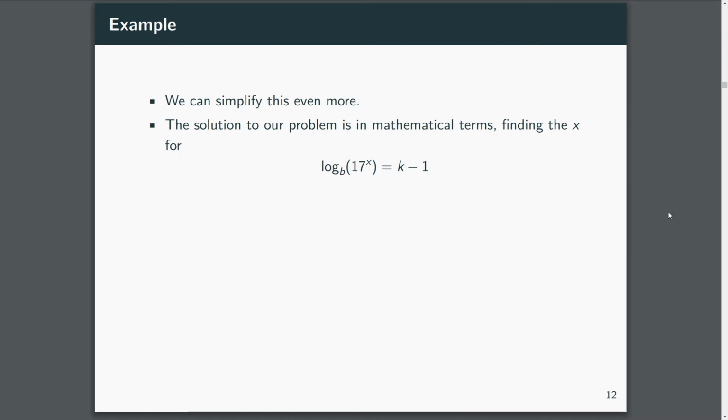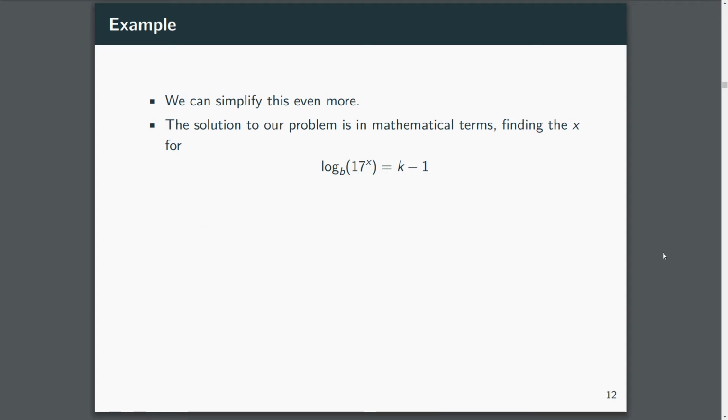And we can simplify this even more. The solution to our problem is simply finding the x for log base b of 17 to the power of x is equal to k minus 1. So one more handy identity we can use is the log base b of a to the power of c is equal to c times log to the base b of a.